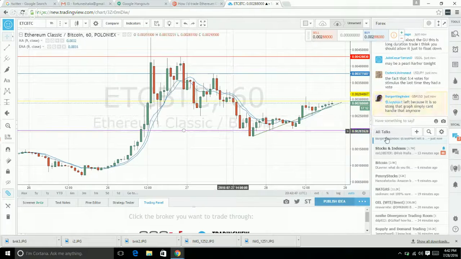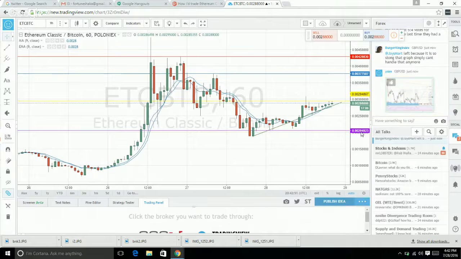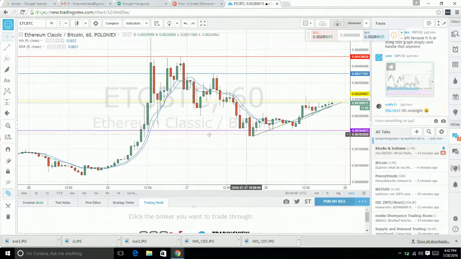So yeah, guys, like I said, look at these levels. 204,000. This is a really strong level. I don't think it's going to break lower than this level anymore. That's the strongest level here, right?